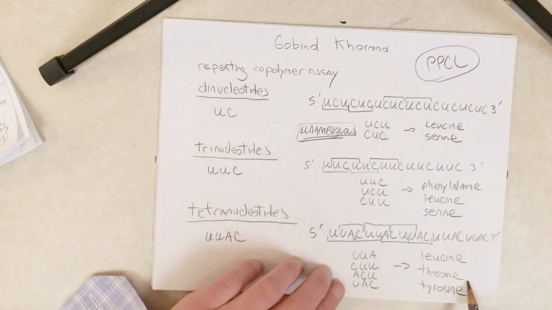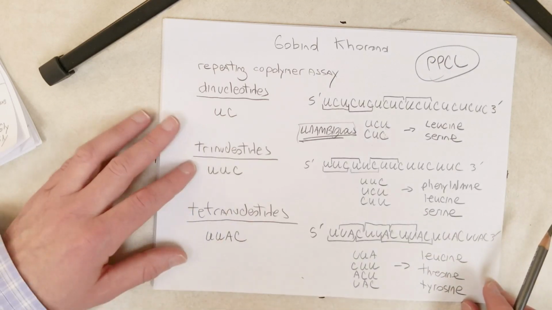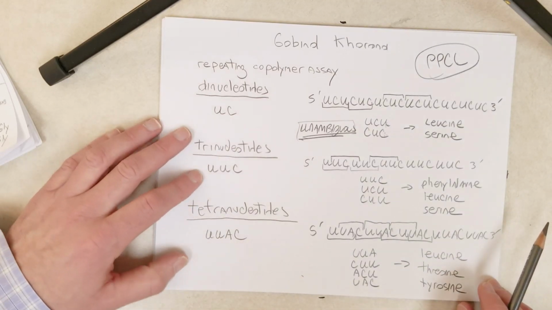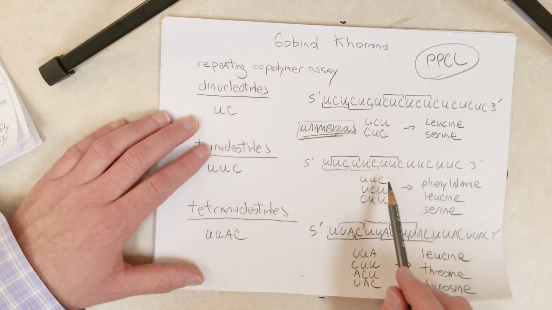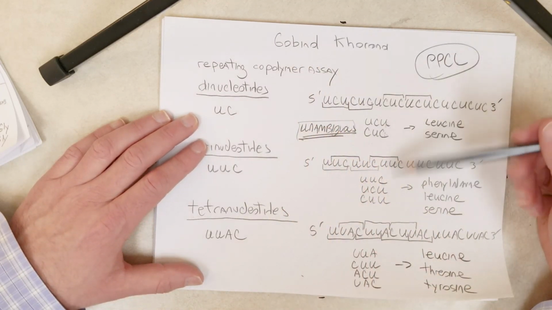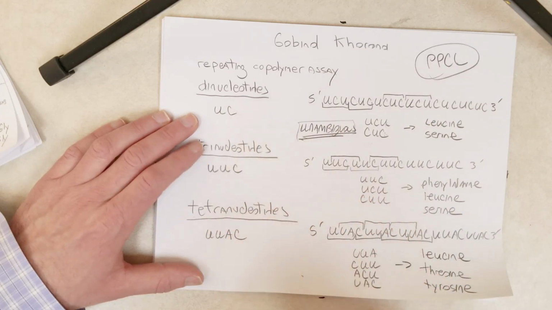So of these four, there's probably two of them that must code for one of the amino acids, and the other two must code for the other amino acids. Now Khorana did, I don't know how many, let's say hundreds of these types of experiments using different dinucleotides, different combinations of nucleotides in here.